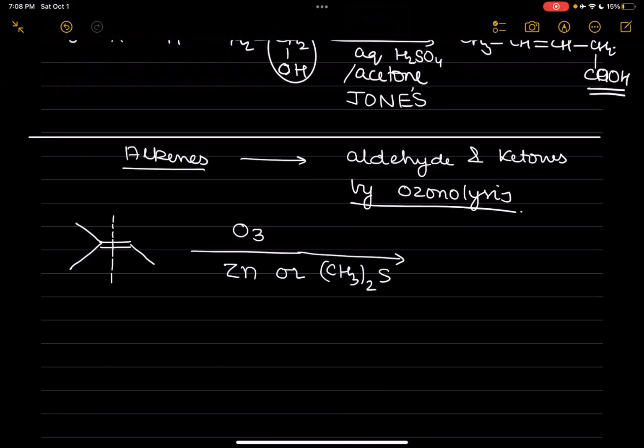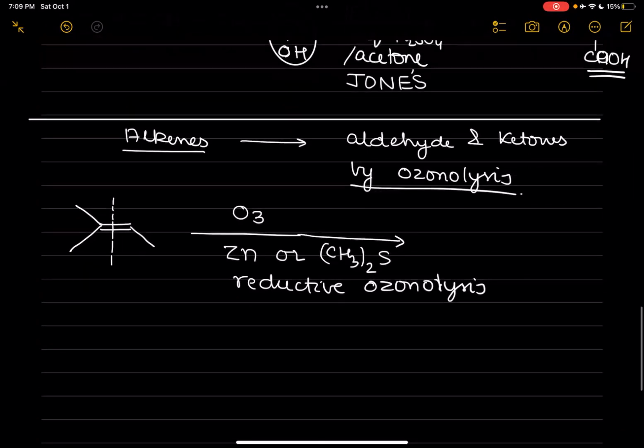If it is zinc and dimethyl sulfide, it is called reductive ozonolysis. Before getting into the details, I'm telling you the main thing, which is the most crucial for solving all the problems. If you have zinc or dimethyl sulfide, any one of them, zinc is the most common, then it is very, very simple. Just cut the double bond and put double bond O.